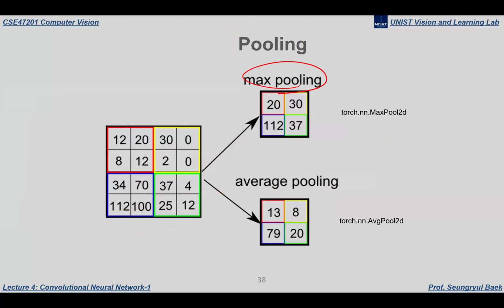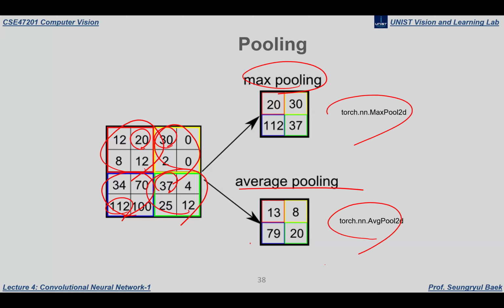Max pooling selects the largest entry in each window, and average pooling averages all the pixels inside the window. For each pooling, you can use the PyTorch functions already implemented. Pooling is very easy to follow, right? It is just picking one pixel from the window.